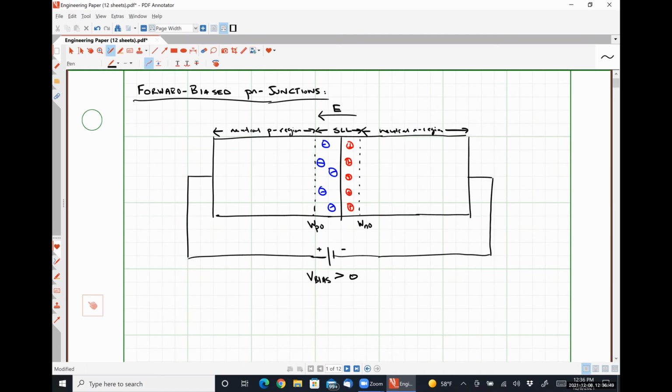Over here on the P side, we have a whole lot of holes, which means we expect the conductivity to be high and the resistance to be low. So we should see a very small voltage drop over the neutral regions, and the remainder of the voltage drop will occur over the depletion region, right? Because we have some reasonable amount of resistance here since there are no free charge carriers.